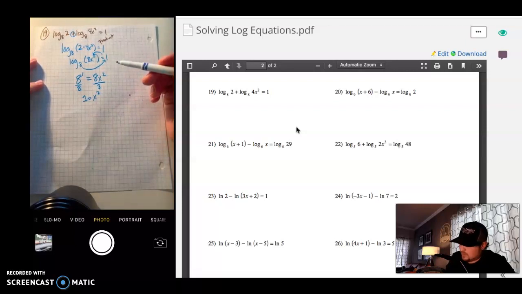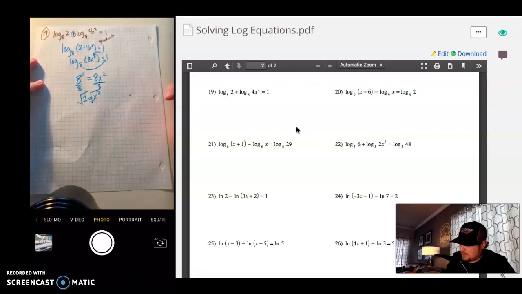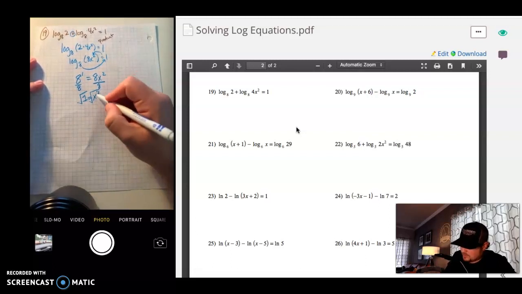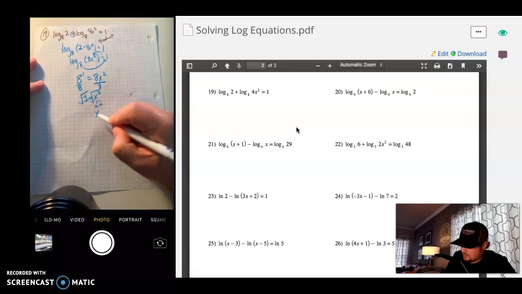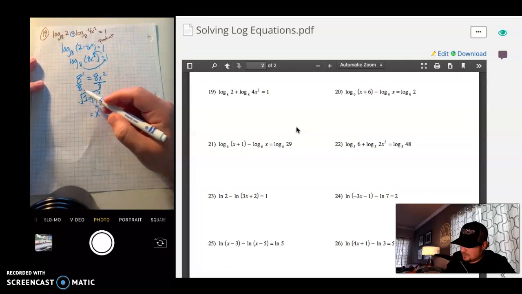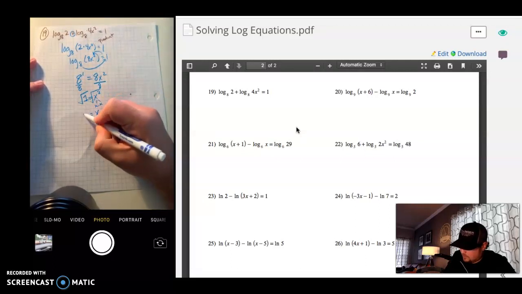With x squared being equal to 1, we can just take the square root here. My answer is going to be 1 because the square root of x squared, remember x squared is x times x, so to simplify that radical, it's just going to be an x. And the square root of 1 is just 1.